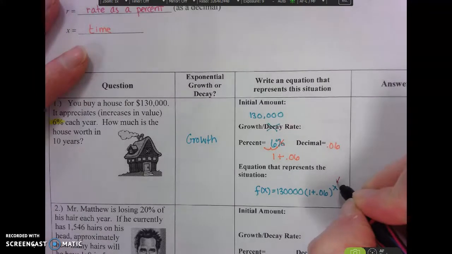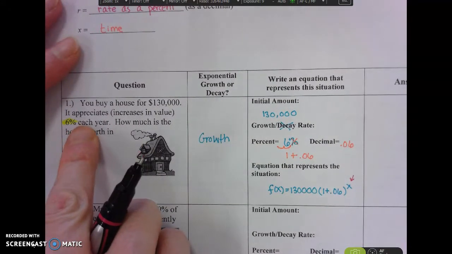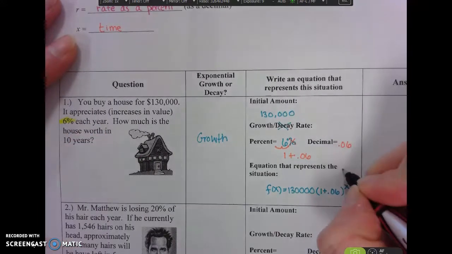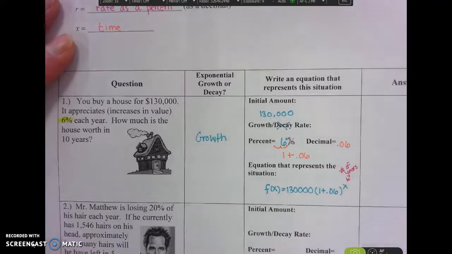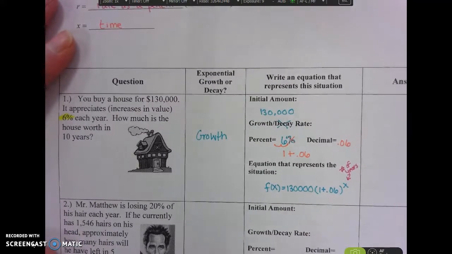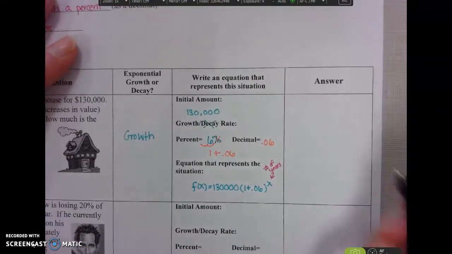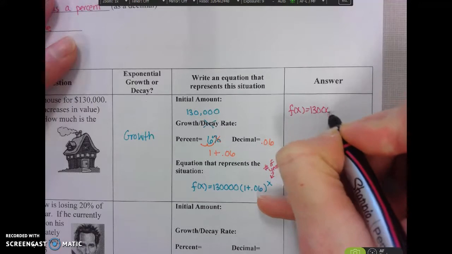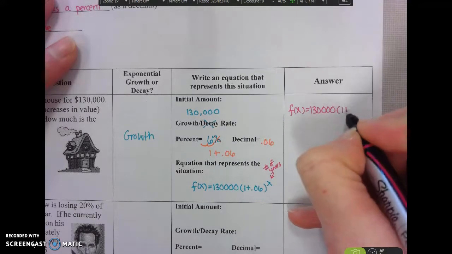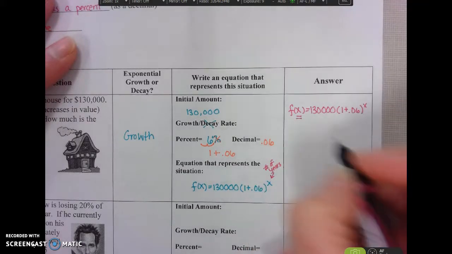And x definitely should represent, we are growing in value 6% each year, so x represents number of years. So now I want to know how much this house is worth 10 years down the road. So I'm going to take my equation that I created, and I'm going to replace the x with 10.